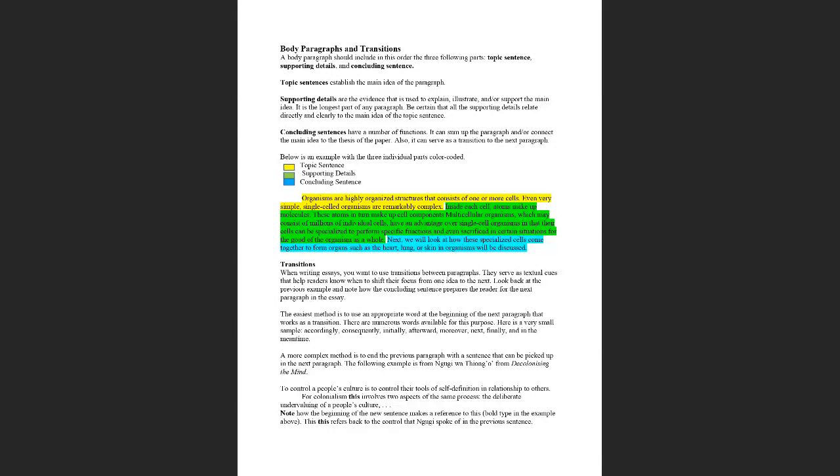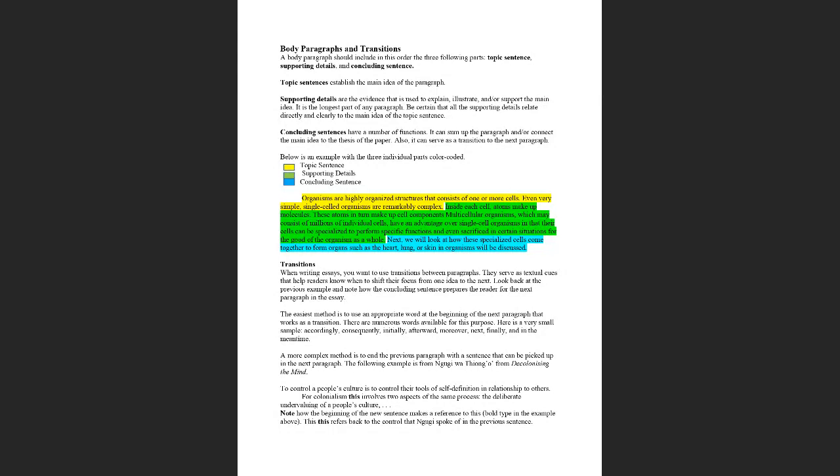So for instance, in that example, if I was talking about my mother in the first paragraph, I can end that sentence and say, while my mother gave me stability and comfort, my father taught me responsibility and how to be a man. I can use that as a transition, and then the next paragraph begins with my father, talking about him in more detail.